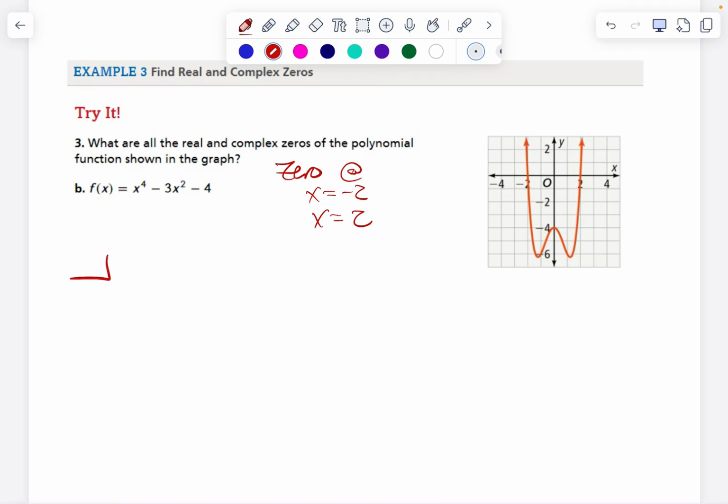Synthetic, right? So let's pick one of these. Which one goes in here? Let's start with 2, sure. Don't forget we're missing the cubic term. So we've got to go 0 for the x cubed, and then -3, and then 0 for the x, and then -4. So don't miss those ones you have to fill in.